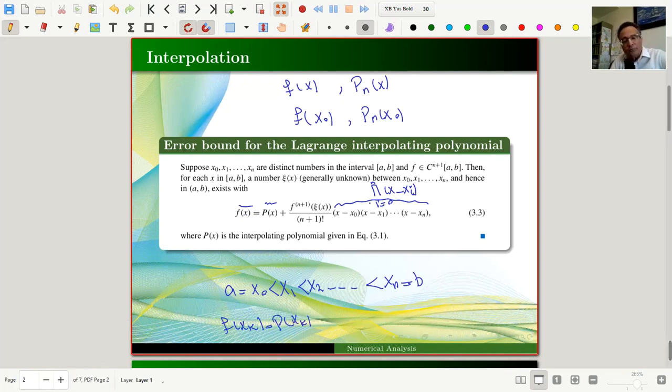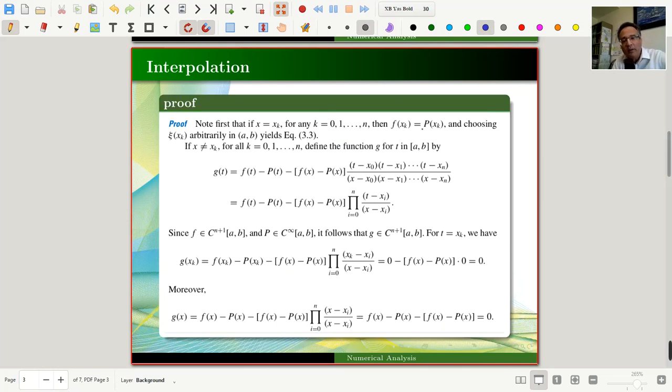And if you have a look here, because we have (x minus x0) to (x minus xn), if x equals xk, one of these parentheses will be 0, so all of this term will be 0 and just this equality remains.